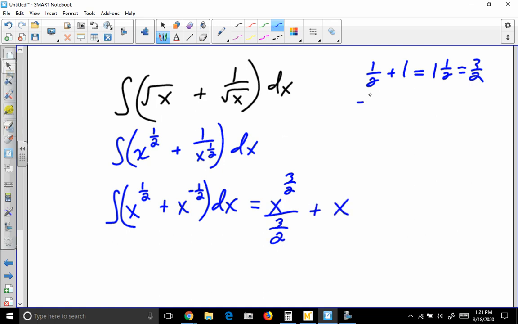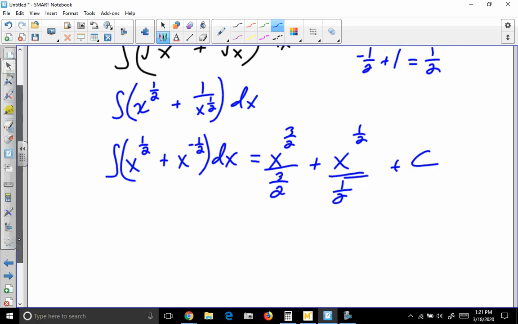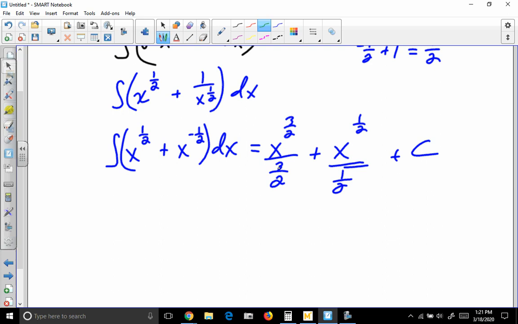And when we add 1 to negative 1/2, we get positive 1/2 over that power plus c. Or we could call this 2/3 x to the 3/2 plus 2x to the 1/2 plus c.